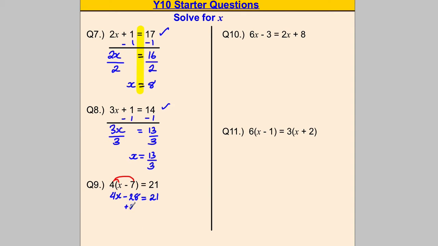Well, I'm going to add 28 to both sides as follows. And I'd get myself that 4x is going to be equal to 49. And then I divide both sides by 4. So x is 49 over 4.